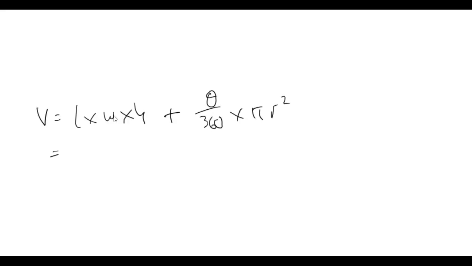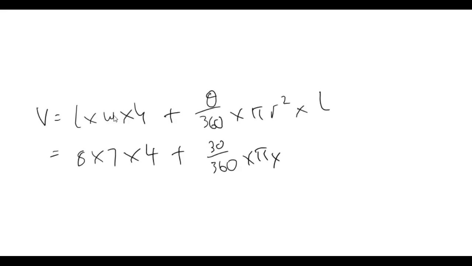Just bear with me. I'm just trying to figure out what the length of the shape is. 7 times length. Okay, so we've got 8 times 7 times 4. So that's the rectangular part. And then the sector on top. Your radius is 8.